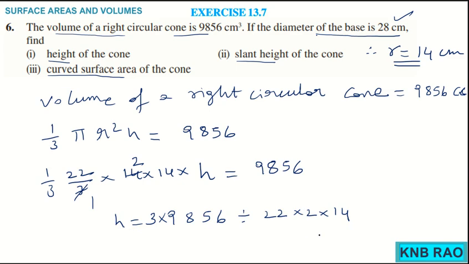Children, if you start simplifying, 3 into 9856 upon 22 into 2 into 14.